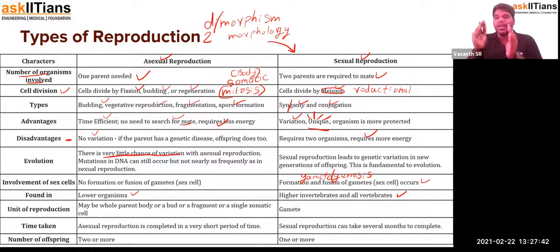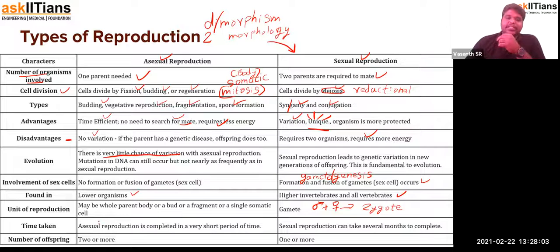The union of the male and the female gamete results in the formation of a zygote. This zygote will undergo multiple divisions and form an embryo, and the embryo will grow into an individual according to the genetic makeup that it contains.